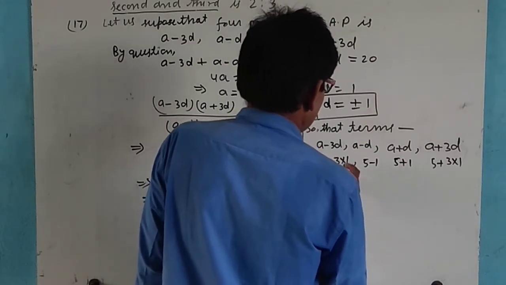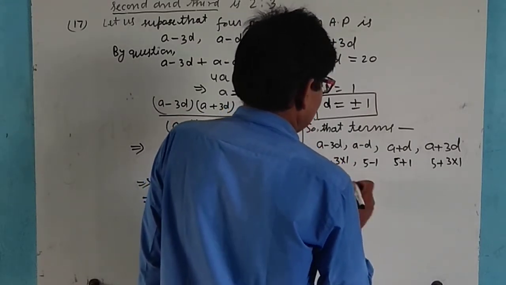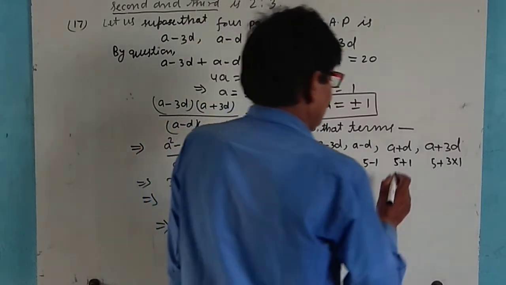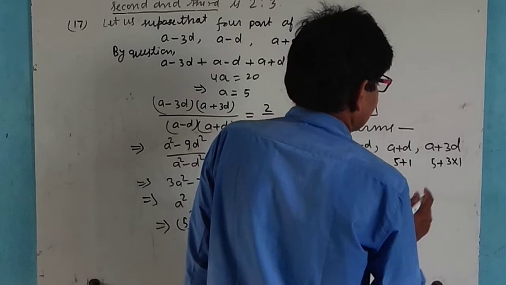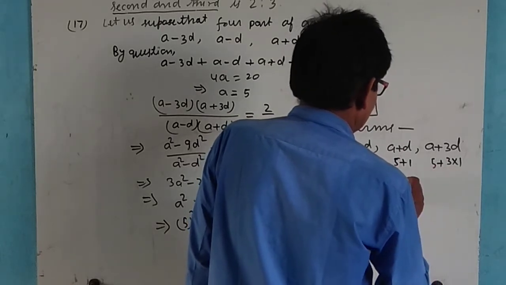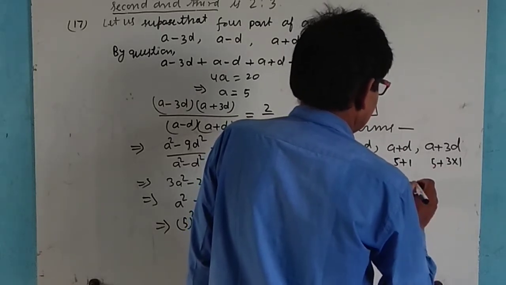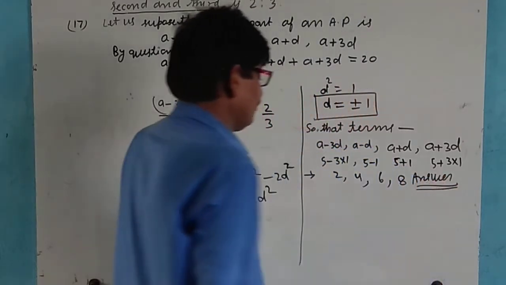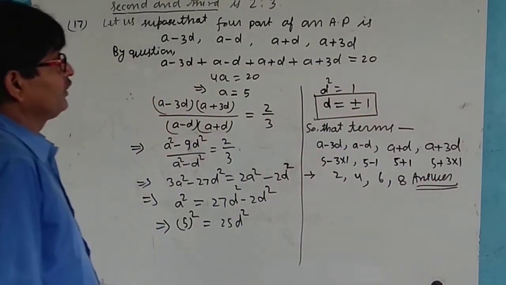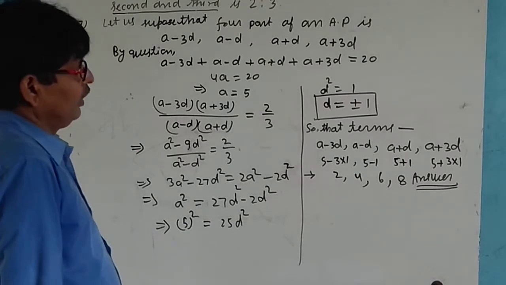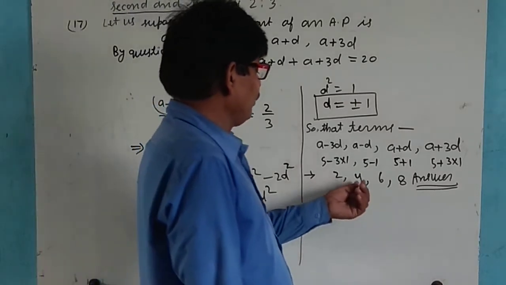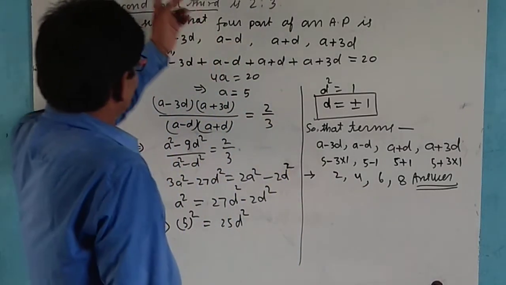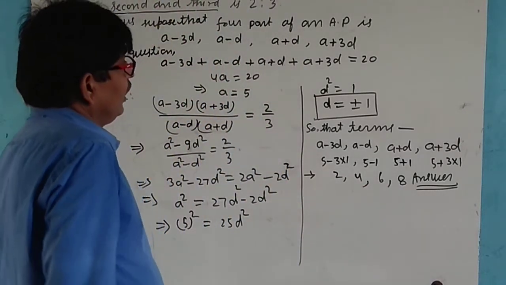This will be 2, 4, 6, 8. 5 minus 1 equal to 4, 5 plus 1 equal to 6, and 5 plus 3 equal to 8. This is the required terms 2, 4, 6, 8, and the sum of this is 20.